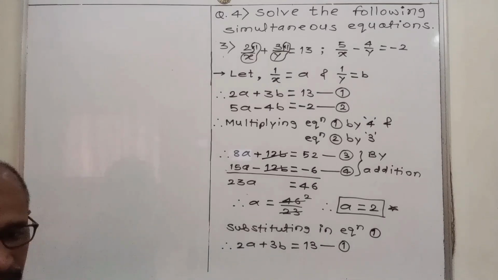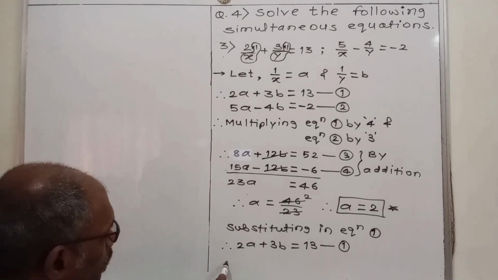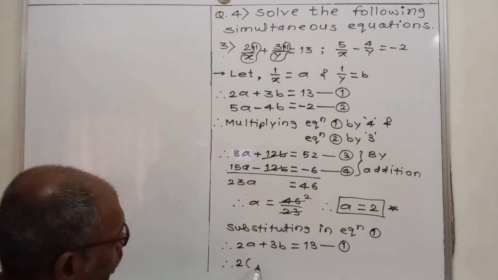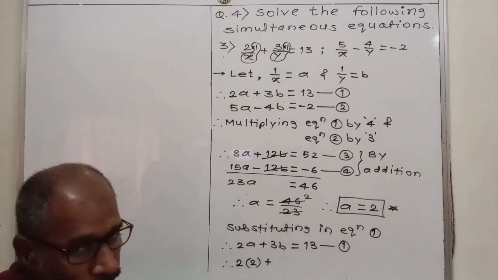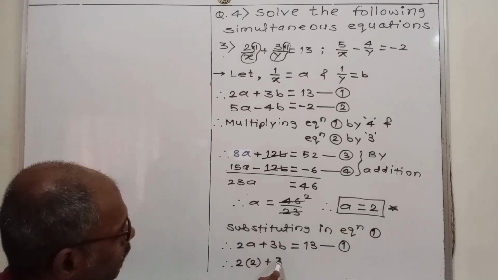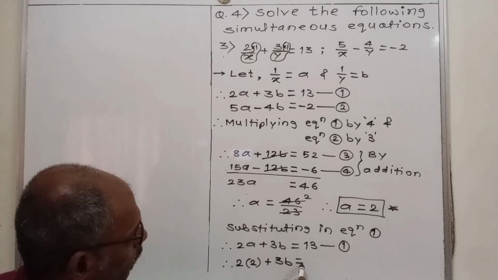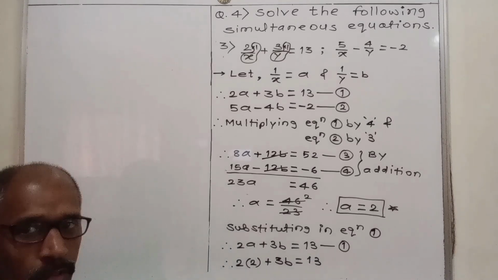This is our equation number 1. We substitute the value of a, 2 into 2, value of a, plus 3b is equal to 13.